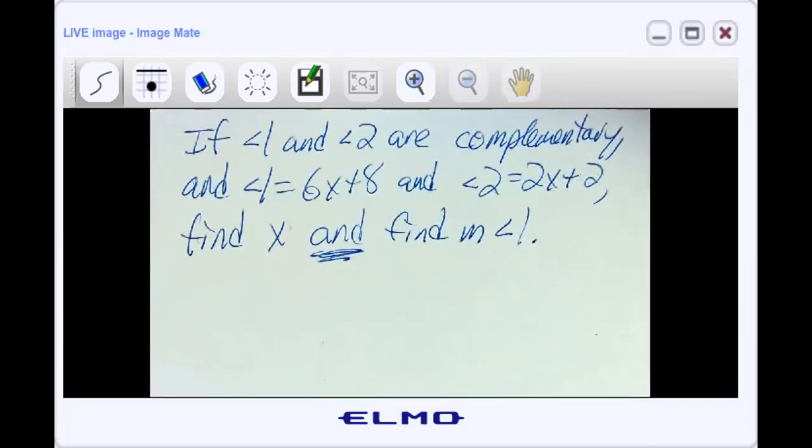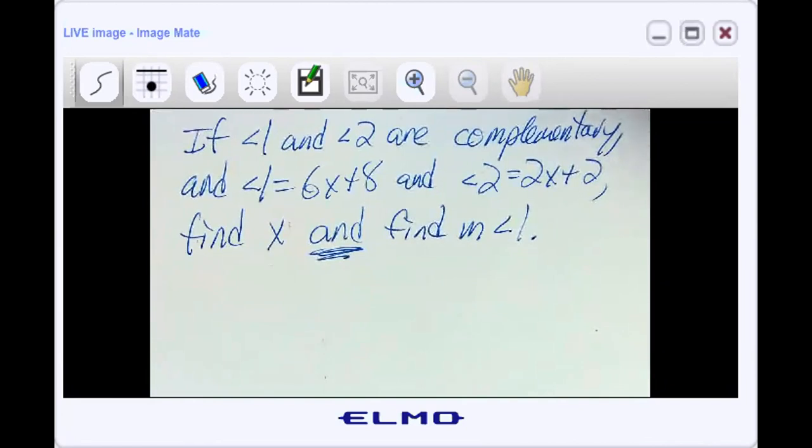All right, so let's try something like this. So I kind of made this a two-parter.